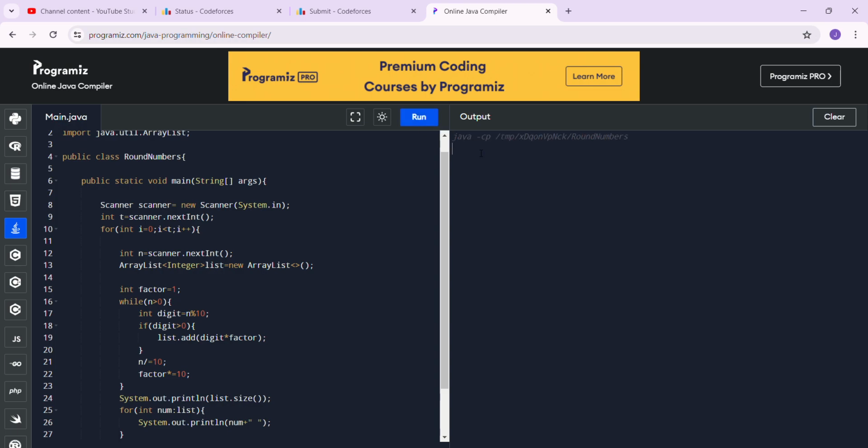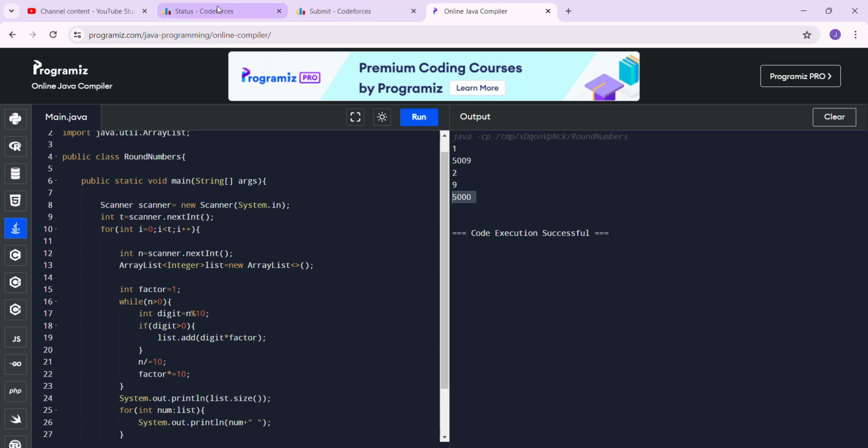Okay, everything runs well. First, let's take the first test case, which is 5009. The count of round numbers is 2, which are 9 and 5000. Let's try to submit it.